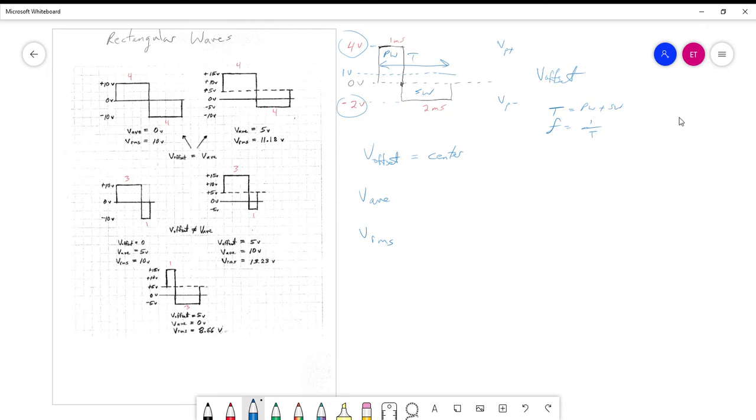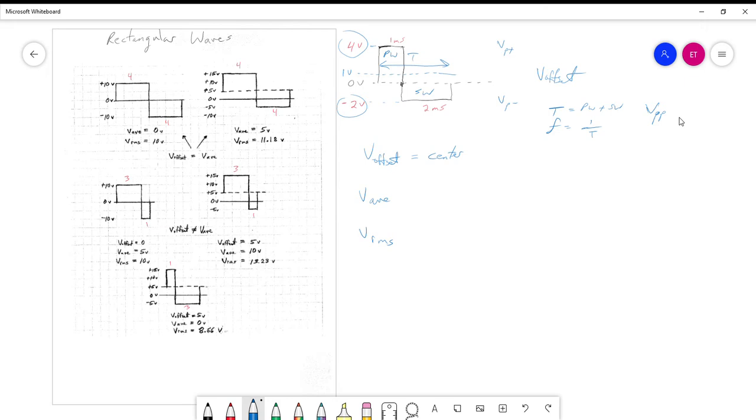Peak. You could say peak to peak. We do have a 6 volt peak to peak, just getting them all out there. This is what we deal with in waveforms. Might have them all there. Okay.